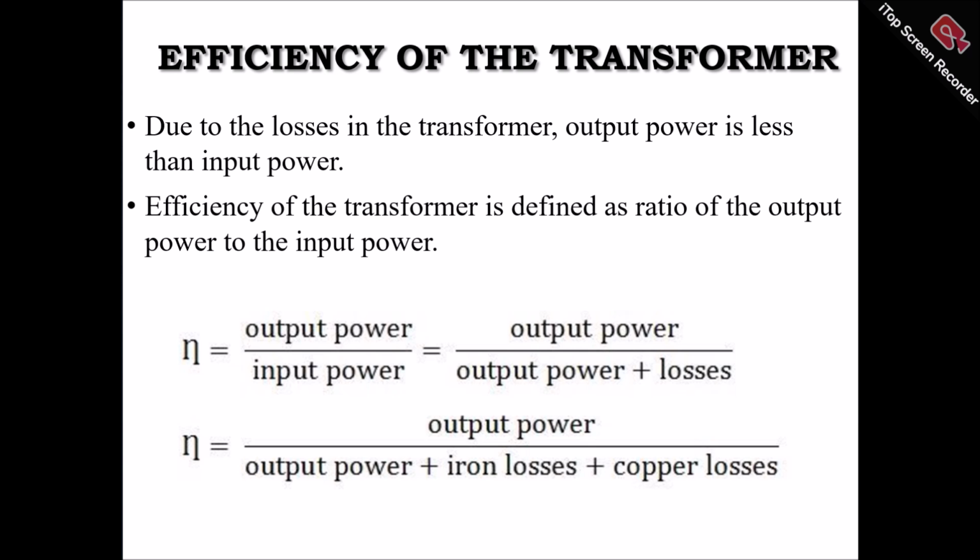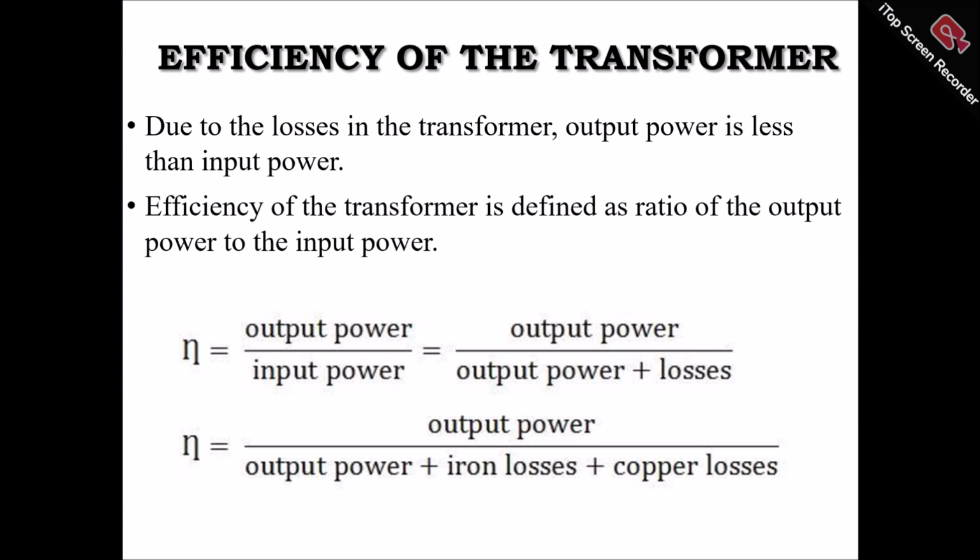Due to losses in the transformer, output power is always less than input power. Efficiency of a transformer is defined as the ratio of output power upon input power. As we have seen, there are different losses, and we have to include those losses in our formula for efficiency. So efficiency is equal to output power upon output power plus iron losses plus copper losses.